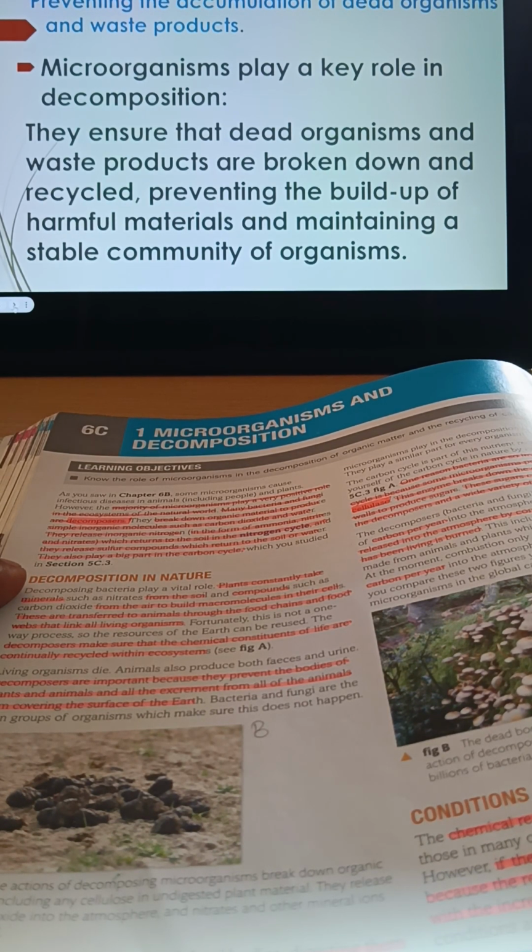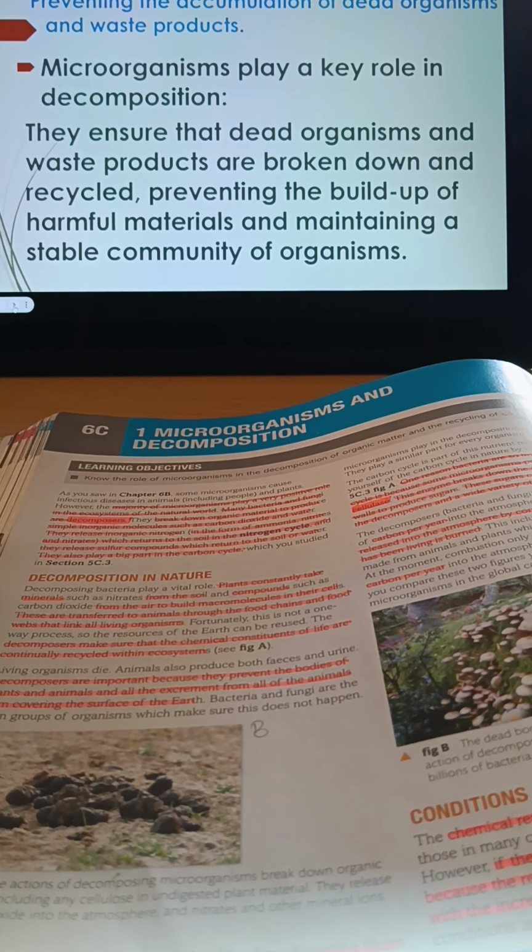So the first role of microorganisms is to prevent accumulation of dead organisms, that is both plant material and animal material, and also the waste products produced by the living organisms.